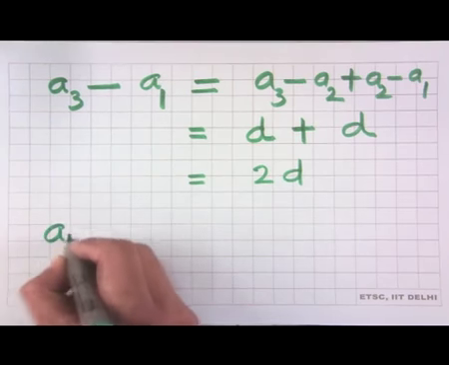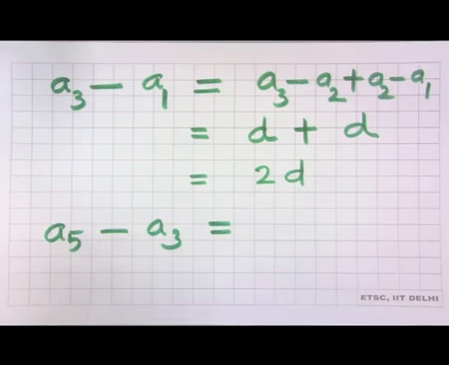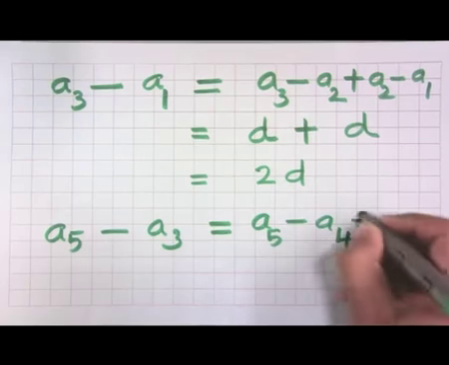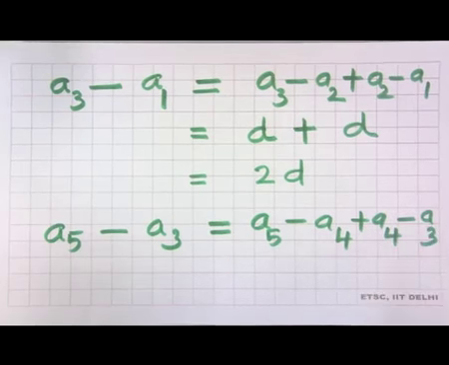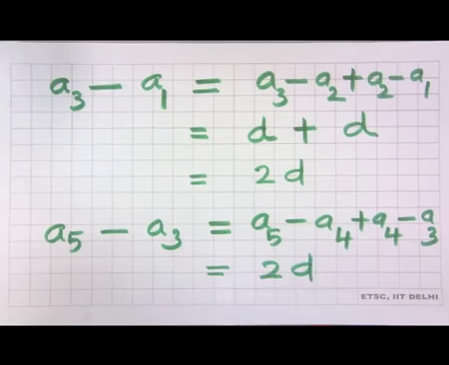Similarly, A5 minus A3 is A5 minus A4 plus A4 minus A3. With a little manipulation similar to what we did above, we get 2D.